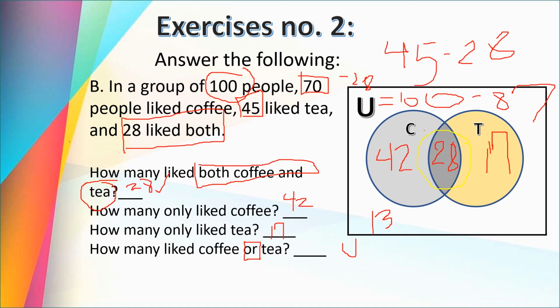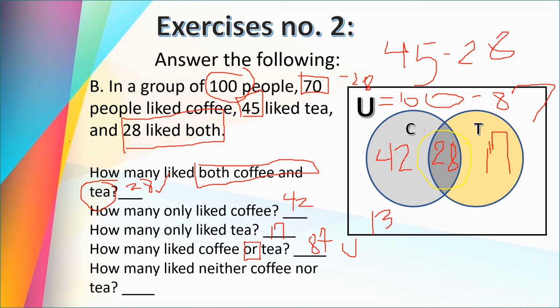So, we're going to add 42 plus 28 plus 17, which is 87. Very good. And last question, how many like neither coffee nor tea? Ibig sabihin, ayaw ng coffee, ayaw din ng tea. So, simply, subtract lang natin 100 minus yung total natin ng gusto ng coffee and tea, which is 87. That's why the answer for our last question should be, very good, 13.